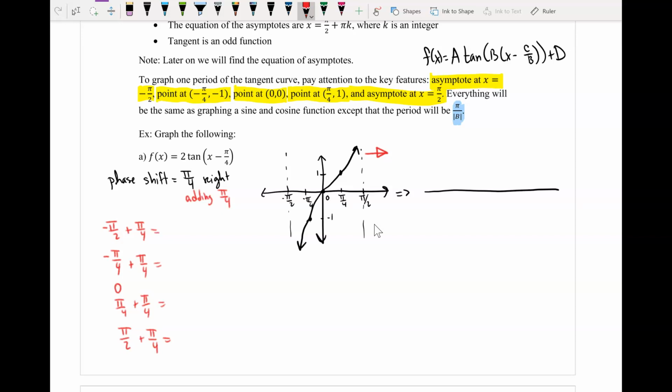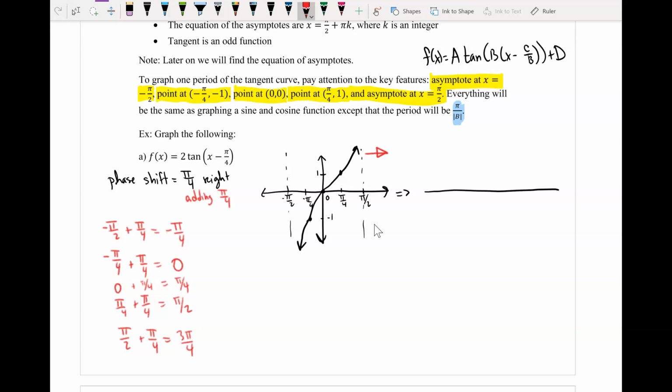You can just use your calculator if you want to. It's just how we did it before, or you can find the least common denominator. So for this one, you're going to get negative pi over 4. For this one, you see that they cancel out, so it's 0. Oh, I forgot the pi over 4 here. This one's going to be at pi over 4, this is going to be at pi over 2, and this is going to be at 3 pi over 4.